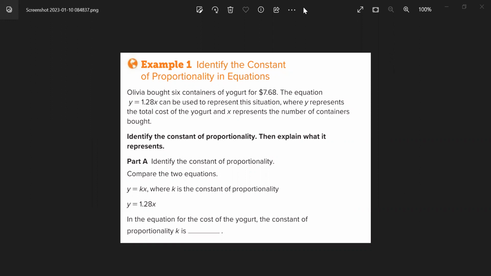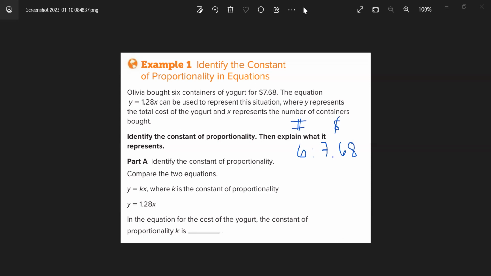Identify the constant of proportionality, then explain what it represents. So we know that she bought 6 containers, and for those 6 containers, she paid 7.68.